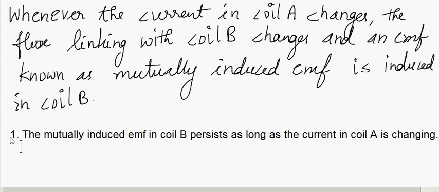If current becomes constant in coil A, then the flux will not be changing, and hence there is no EMF induced.